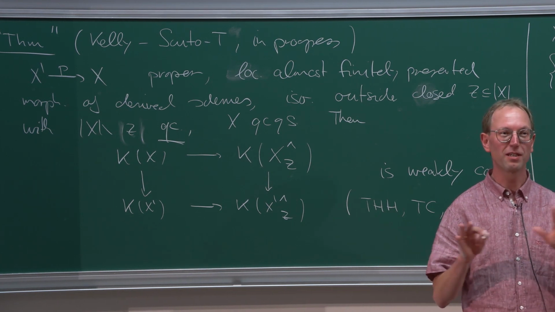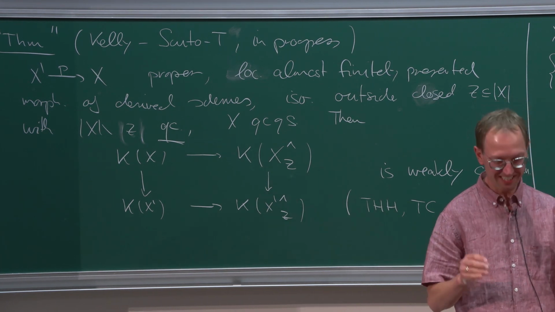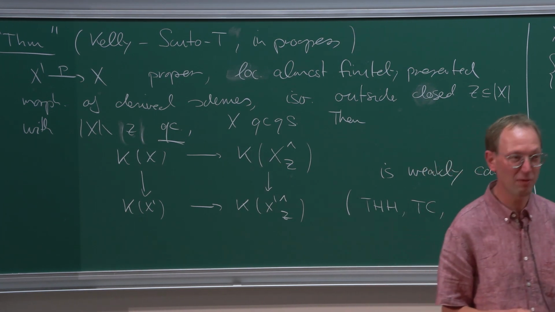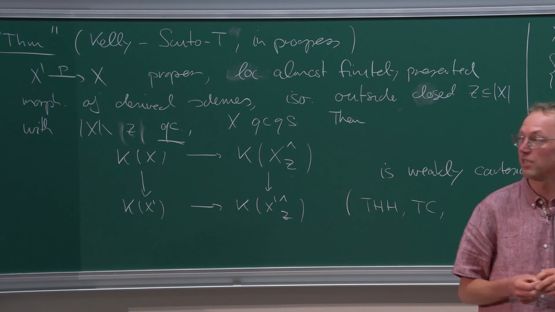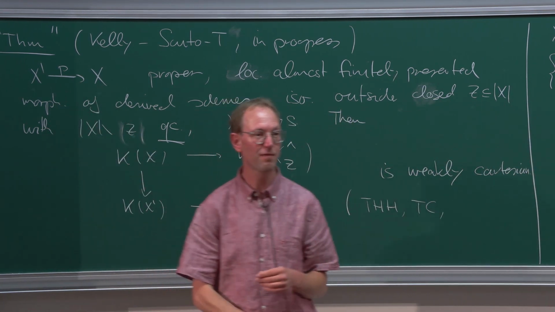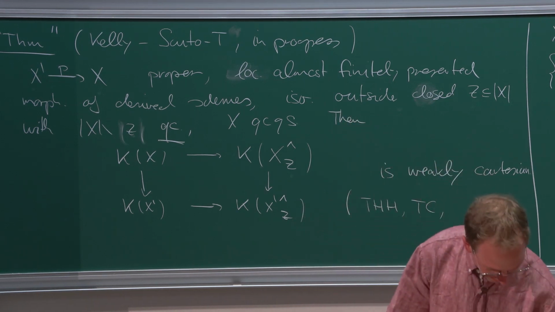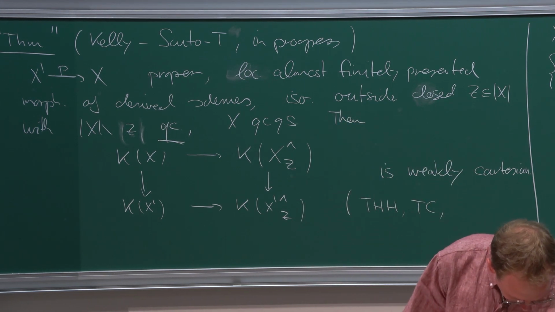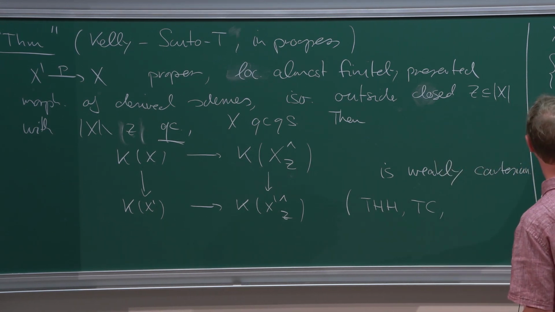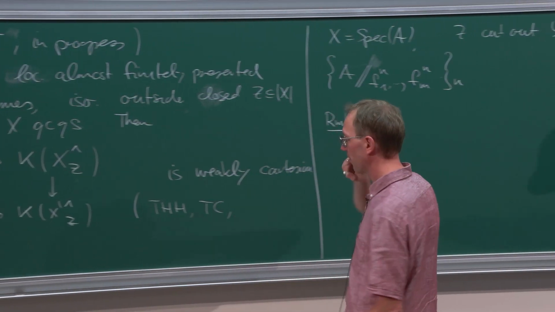Okay, maybe I take this back, but I'm not so sure anymore. Anyway, this is one step, and the other one is pro-excision, so that's the case where this is, let's say, affine and P is a finite map. Let me just say I wanted to discuss this as an example.